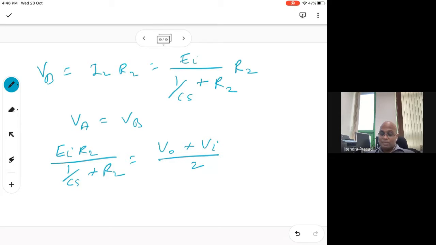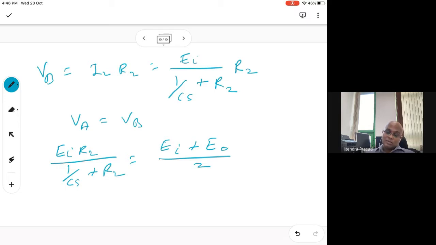Sorry, not V but E. So we got the equations, and from that we can simplify and find the solution.